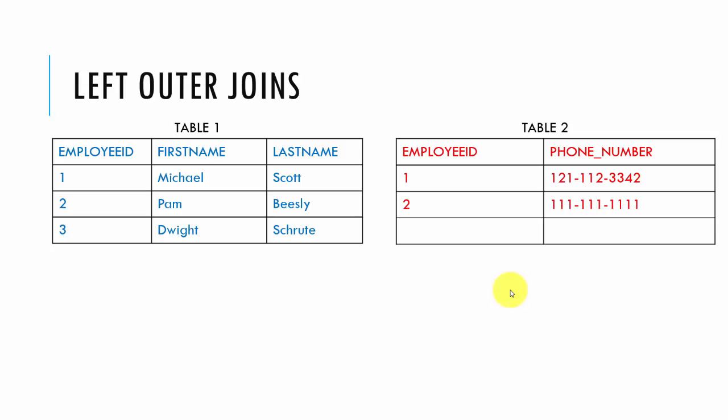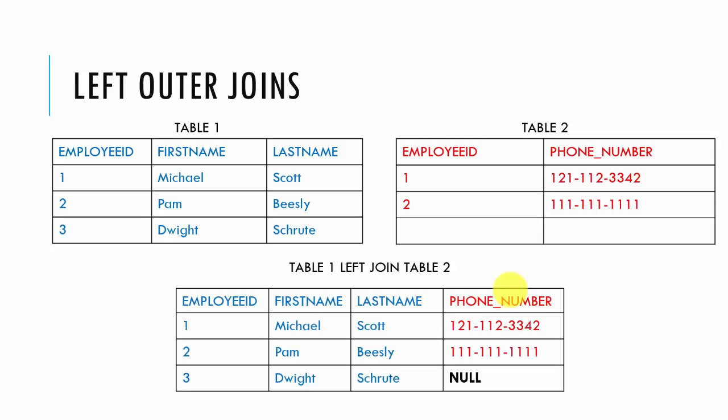What left outer join does is it takes every row from your left table and all the rows from your right table that are common with your left table, and whatever is not common, it just marks as null. So this will be the result. You see that rows 1 and 2 are common, so you find data from both the tables, whereas the third row is only available in your left table, so it could not find a corresponding match in the right table, hence it is replaced by null. Let's see how it looks when we write a query.